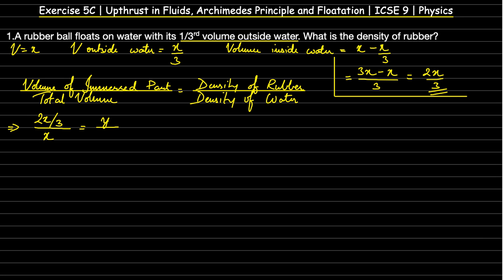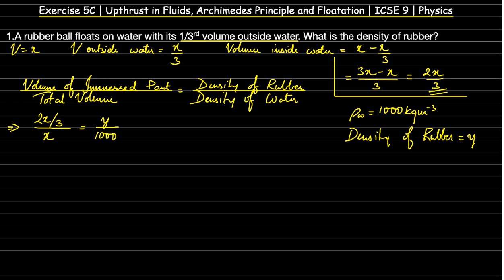Density of water in SI unit is 1000 kg per meter cube. We are supposed to remember this. I would write the given data here: density of water is equal to 1000 kg per meter cube, and density of rubber is equal to y.